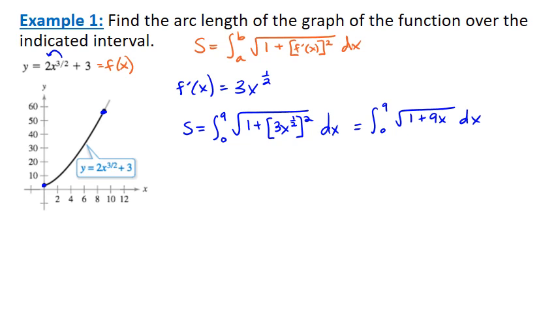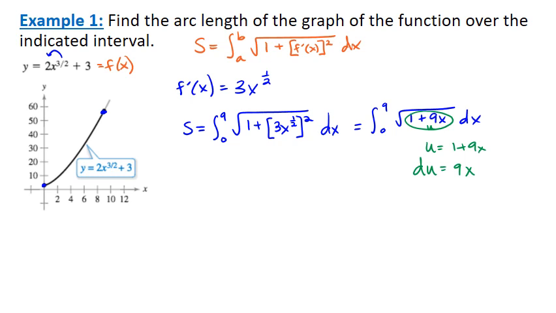In order to solve this, I would recommend using a u substitution. In this case, I would let u be 1 plus 9x. So if u is equal to 1 plus 9x, then du is equal to 9 dx.